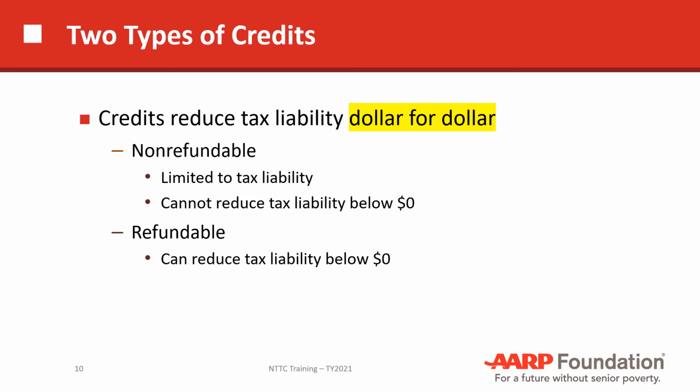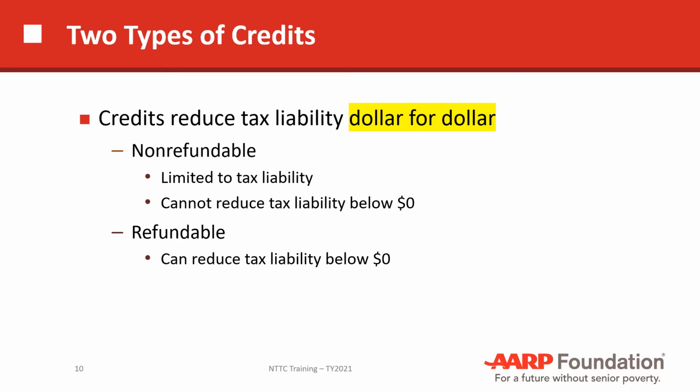So it's not dollar for dollar, it's only 5% of the $1,000. So it's a huge difference. So if somebody has a choice of taking an adjustment to their income or taking a credit, then the credit is always the choice because it's dollar for dollar.